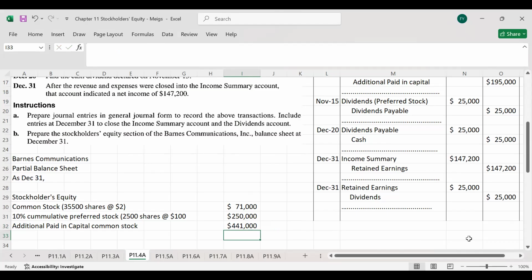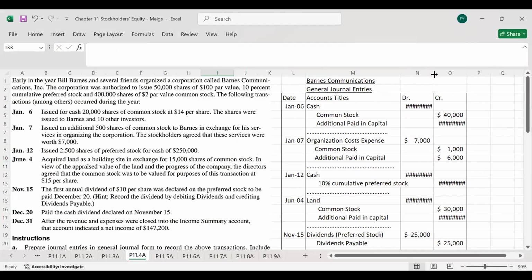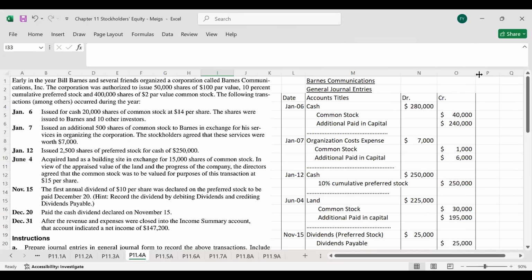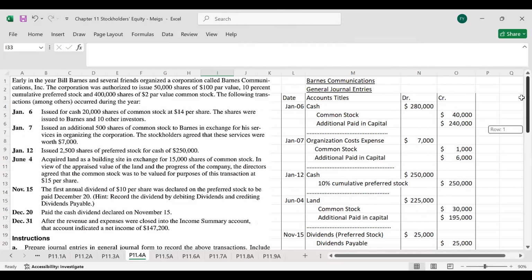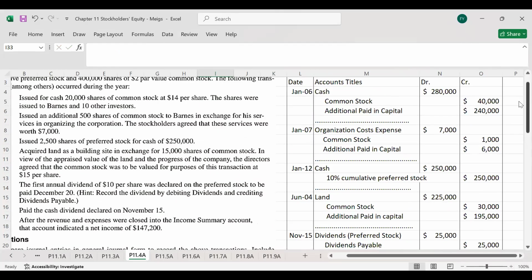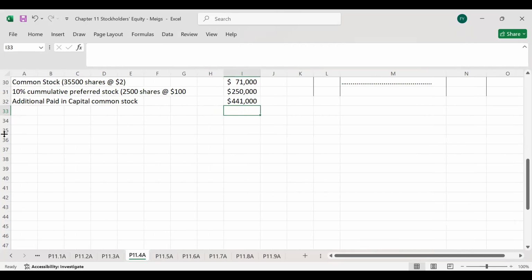You can see, I can show you by minimizing all. You can see this. So here we have 240,000 and then 6,000 and then 195,000. So this is the total paid in capital.